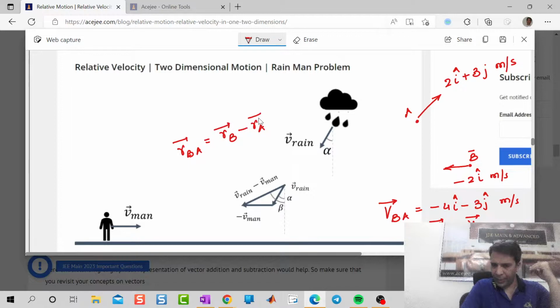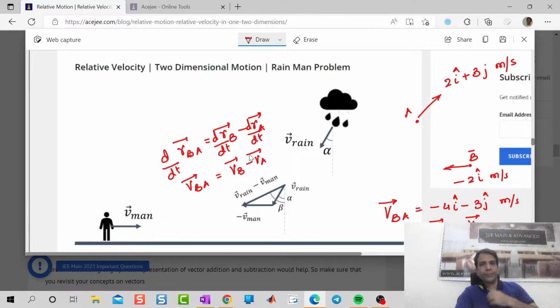If you take the time derivative with respect to t, you will get VBA equals VB minus VA. Is that clear? Yes, no? Yes, sir. Okay.